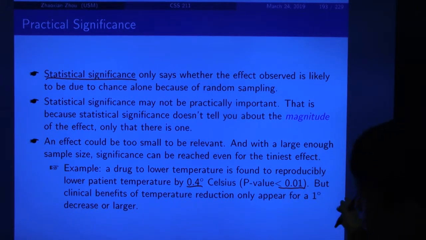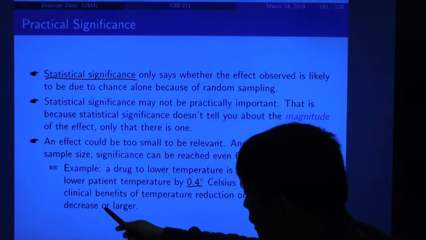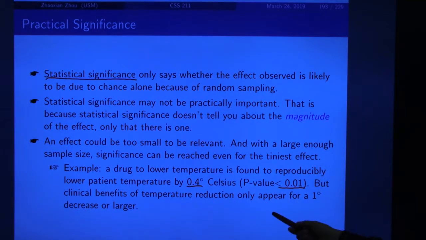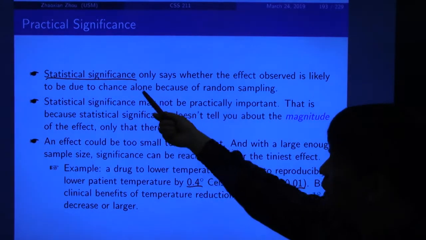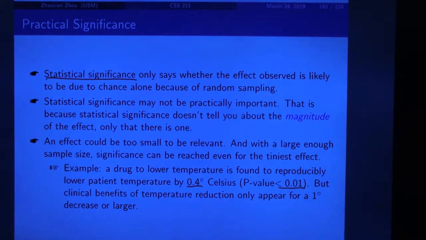In practice, clinical benefit of temperature reduction only appears for at least a 1 degree decrease or even larger. So this 0.4 is statistically significant with a very small p-value, but actually is not practically significant. It's almost useless, because only a reduction of 1 degree or larger has meaning in practice.